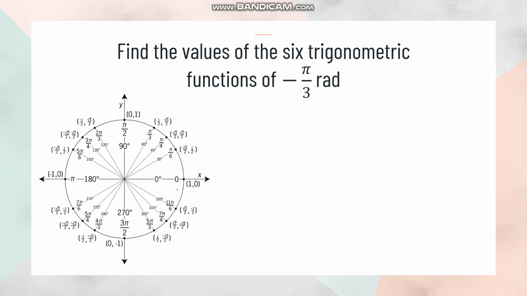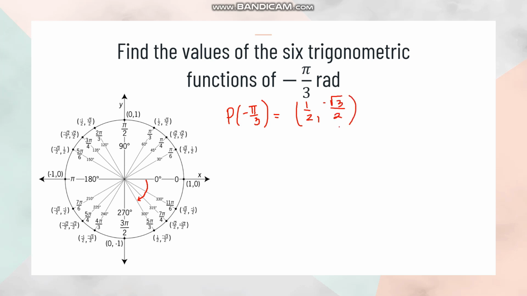So this will lead us now to this angle. So this angle right here, this is now the 60 degrees, the negative pi over 3. So that means our terminal point for the negative pi over 3 is equal to 1/2 and negative square root of 3 over 2.